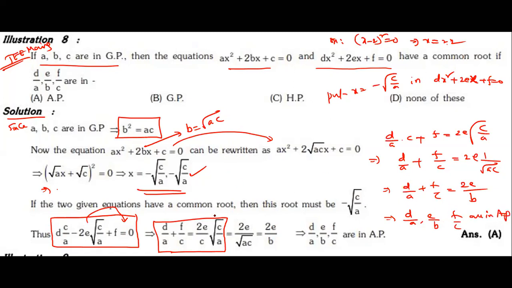I'm writing this once again for those who are confused here. Generally, 2b is equal to a plus c means that a, b, c are in AP. Like that here also.